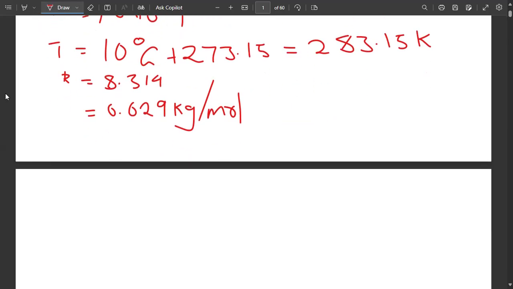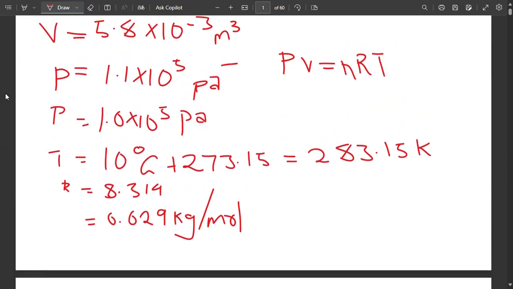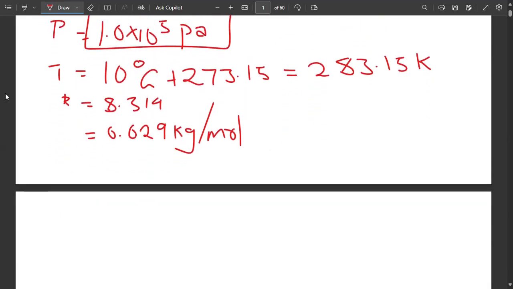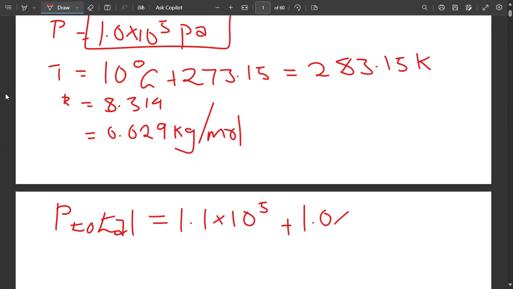So that means we're adding these two, the P maximum and the P atmospheric, as the total pressure we're going to be dealing with. So P total will be equal to 1.1 times 10 to the power 5 plus 1.0 times 10 to the power 5.